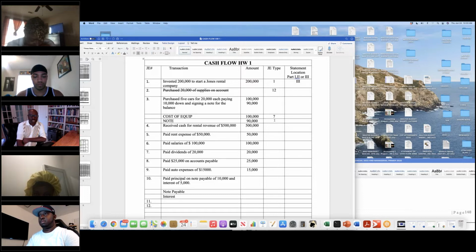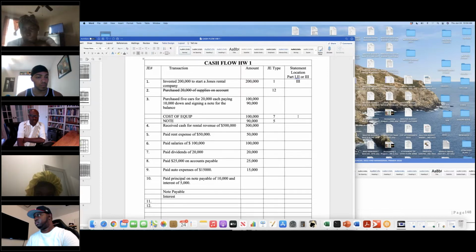And so that becomes a type 5 in this case. So what we in effect did was to borrow 90,000 and add that to the 10,000 to get this purchase of 100,000.